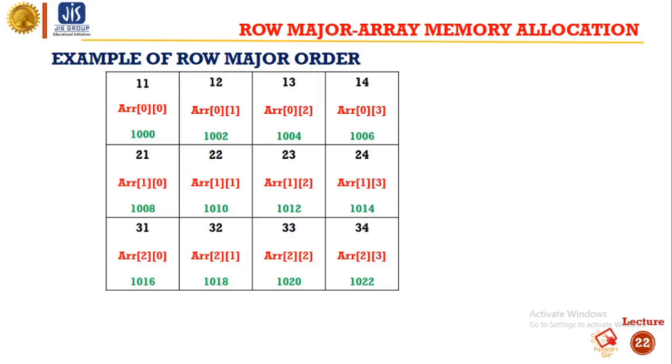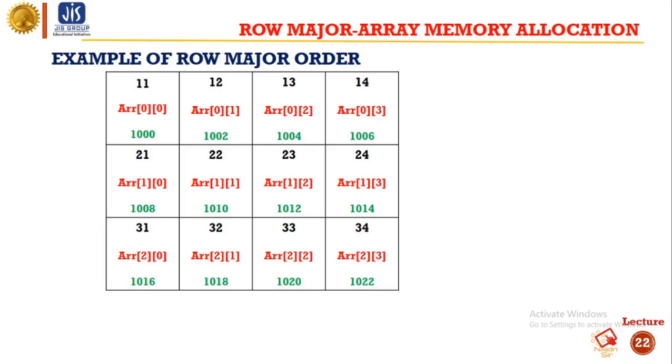So this is an example. These are the values 11, 12, 13, 14, 21, 22, 23, 24, 31, 32, 33, 34. Here it all happens row wise.